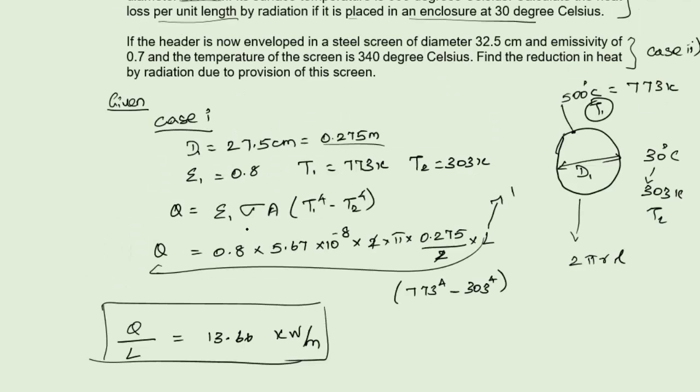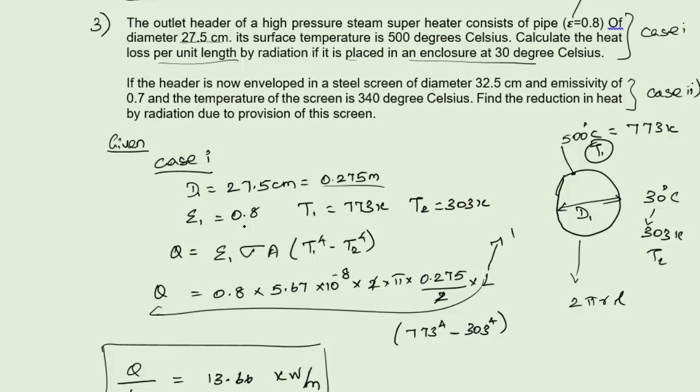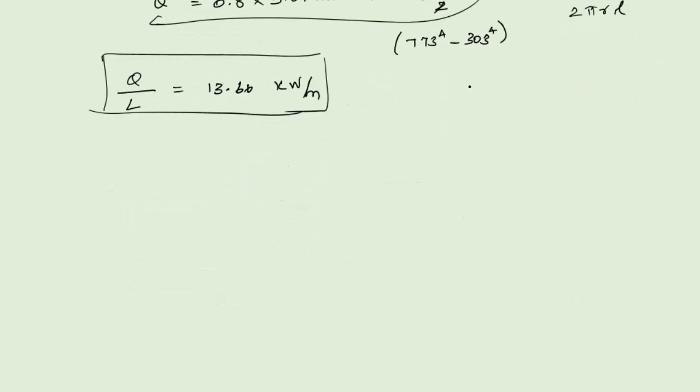So now go to case 2. Just read the problem. If the header is now enveloped in a steel screen of diameter 32.5 centimeter. So in case 2, this is the initial pipe having diameter D1. Now this pipe is enveloped by a steel tube.